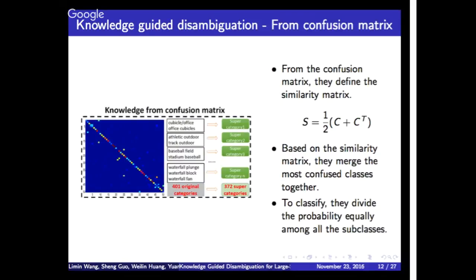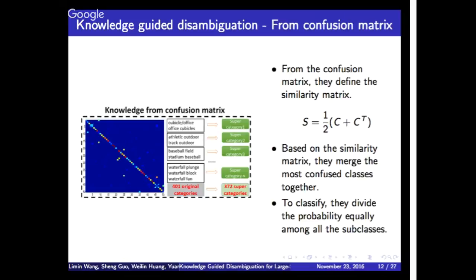Then, for the knowledge-guided disambiguation part, they propose to extract knowledge from the confusion matrix. They train the network as usual, and then compute the confusion matrix with the validation set, in this case of Places. With the confusion matrix, you get the similarity between classes. The classes that are more confused are more similar.